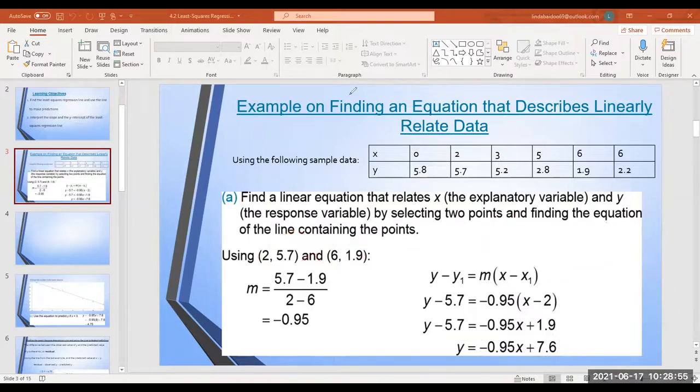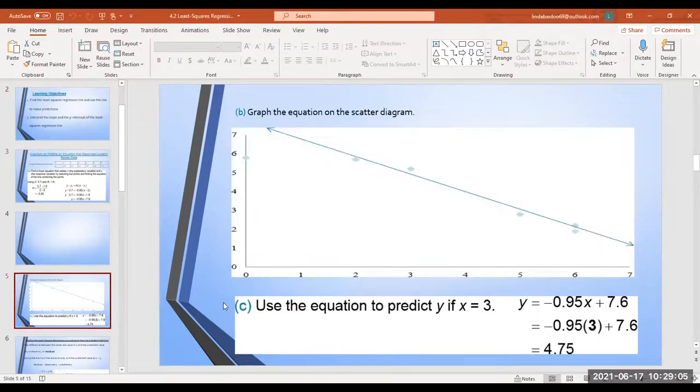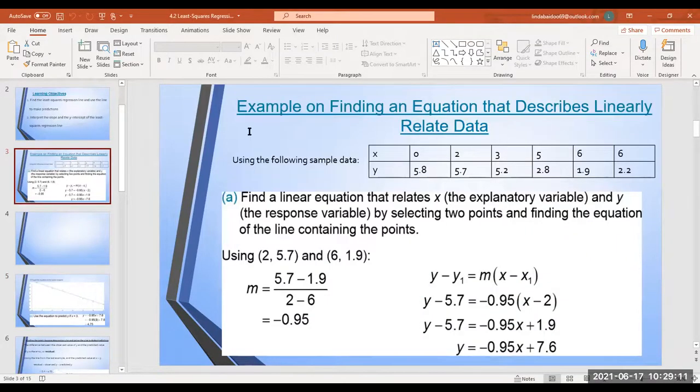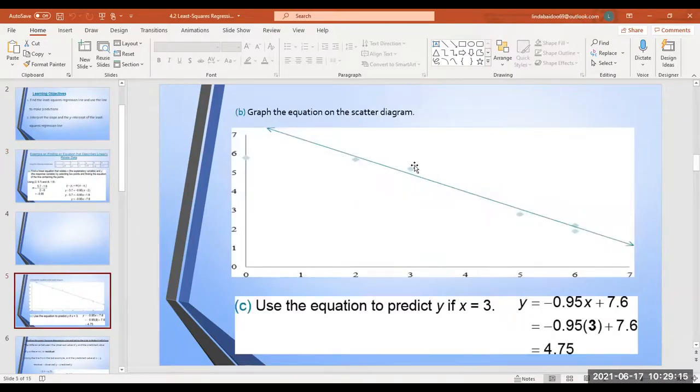When we come back on Monday, God willing, after you have found the equation of the line, now we need to go ahead and draw that equation on a scatter diagram. So we will first draw our original scatter diagram, and that is the points, the squares that you see. That is our scatter diagram.